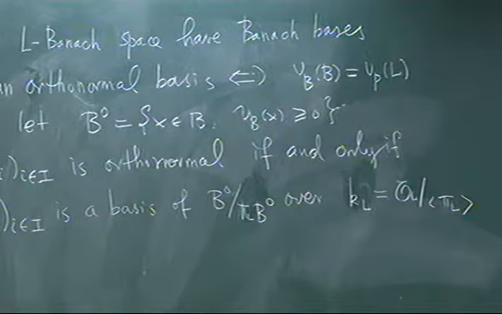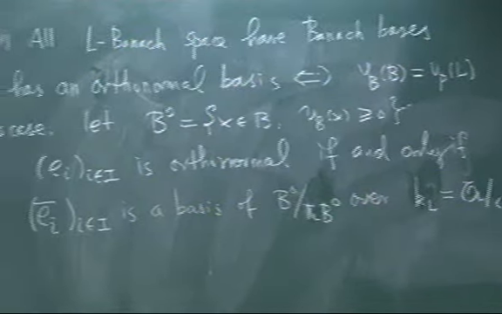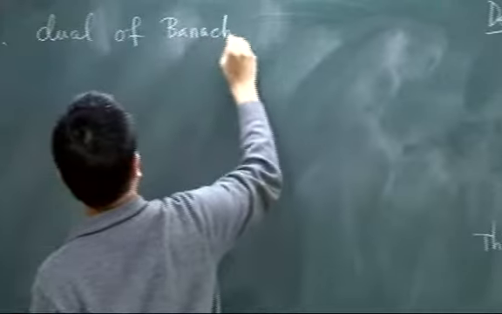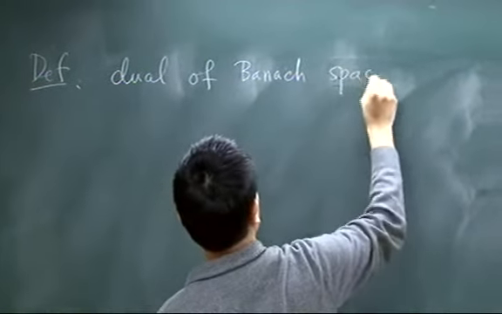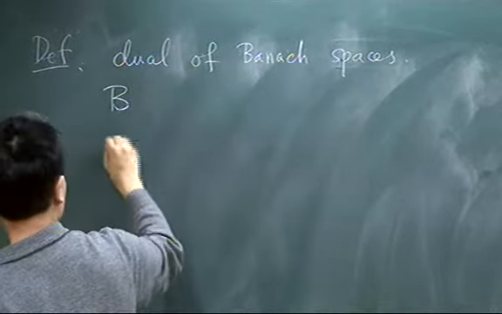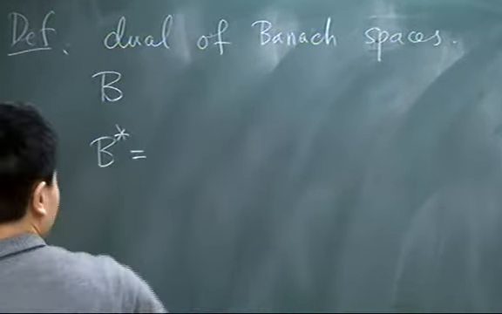With this, we also have the dual of Banach spaces defined. If we have B, now we define B star.